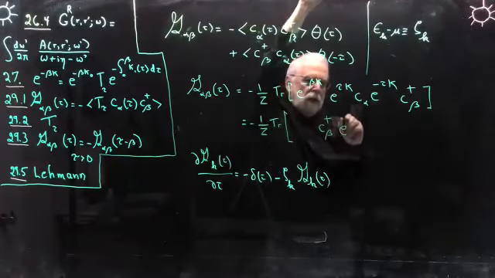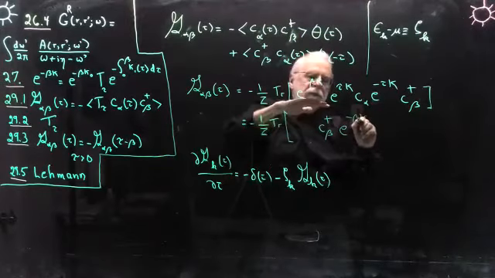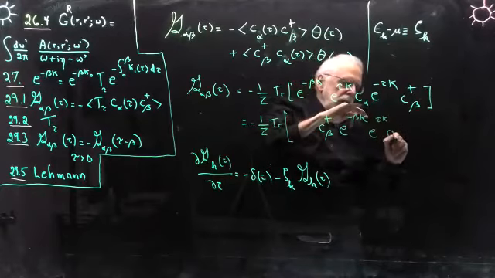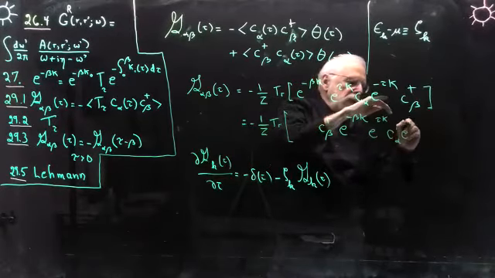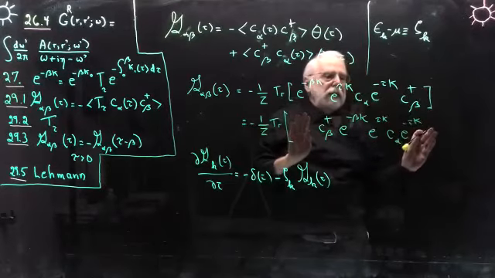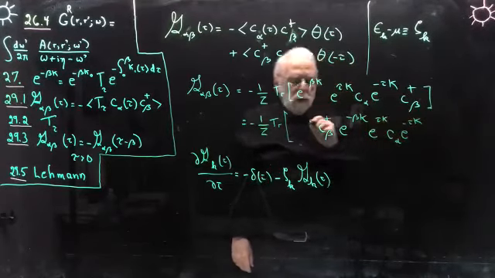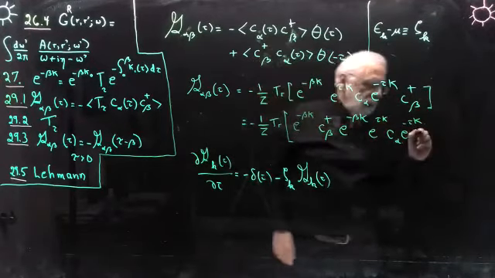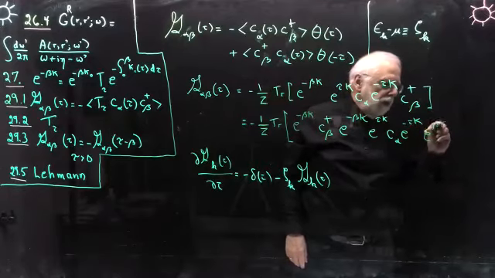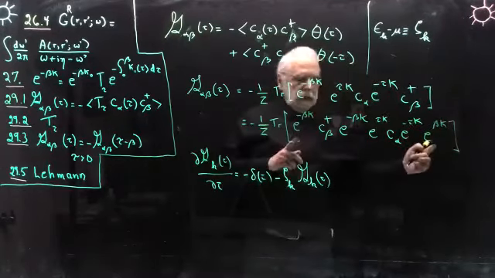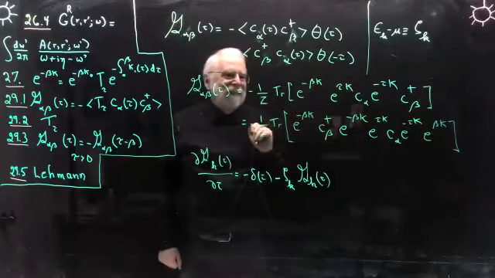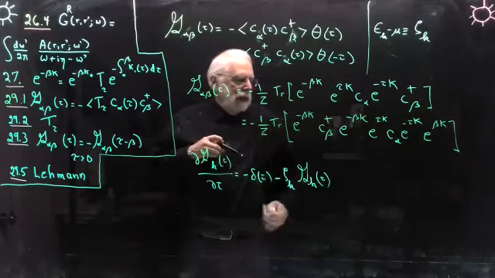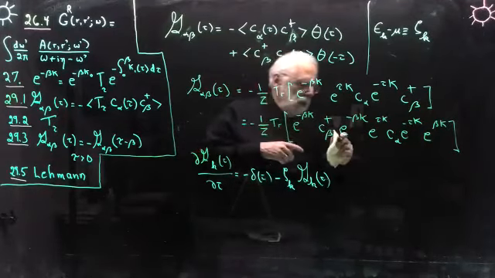So I have e to the minus beta K, e to the tau K, times the c alpha e to the minus tau K, okay? And I'm at the end. Now let me put back unity, so that's e to the minus beta K times e to the plus beta K. So by cyclic property, this is 1, okay? So I've recovered the trace. And now what is this guy here?